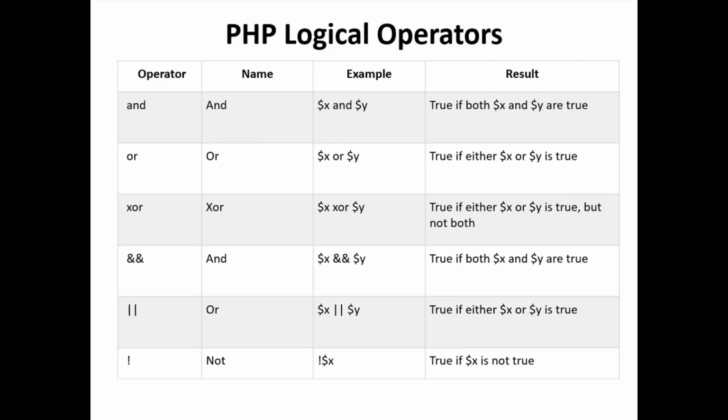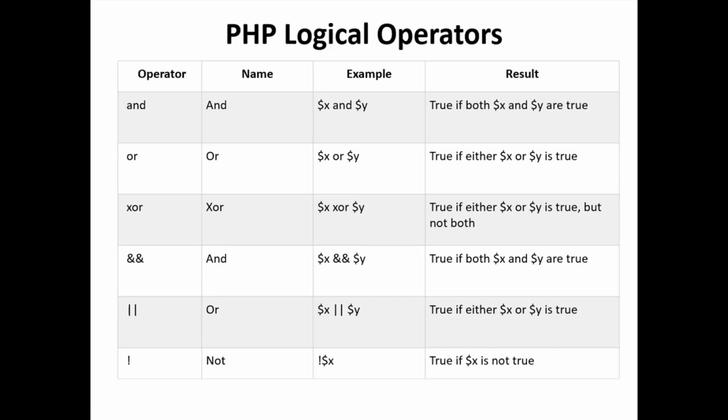And gives you true if both x and y are true. Or gives true if either x is true or y is true. And NOT gives true if $x is not true, meaning the reverse of what the value of x is. So you can check it out.